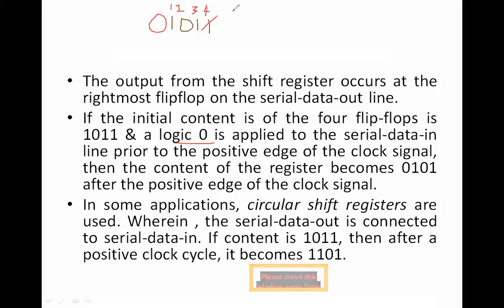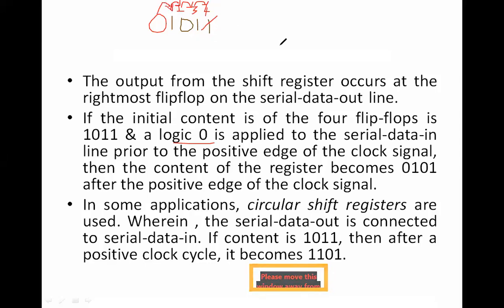As soon as there is a clock, the content in the fourth flip-flop is lost, and the third moves to the fourth flip-flop, the second moves to the third flip-flop, and the content of the first moves to the second flip-flop. The initial data that we give here moves to the first flip-flop.